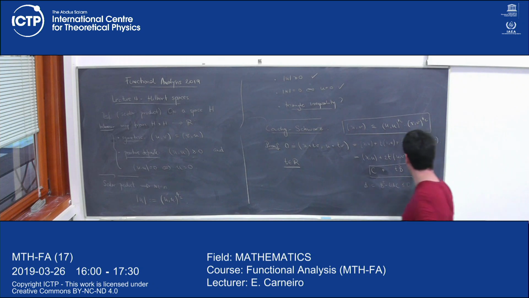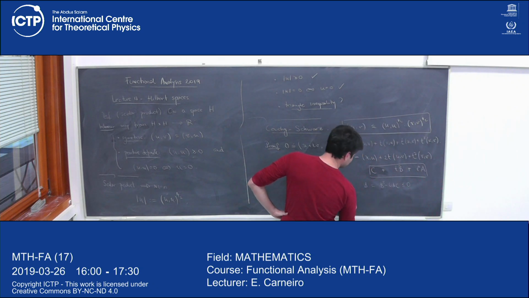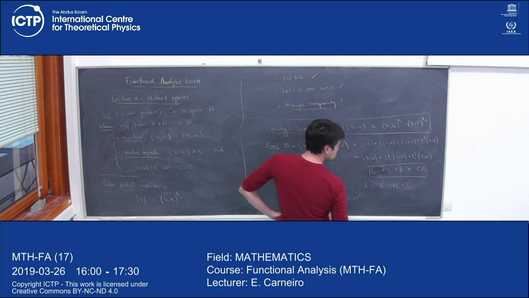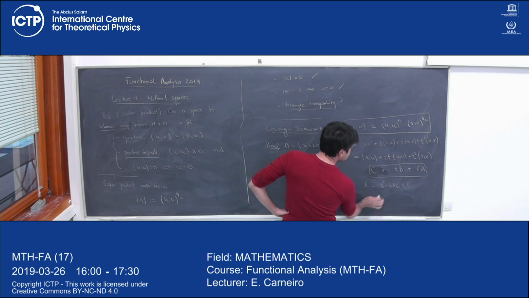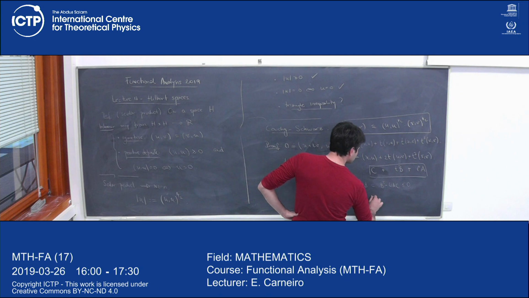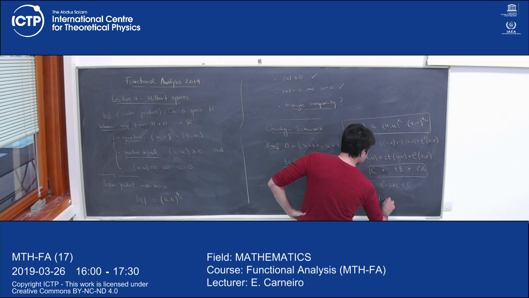If you translate what the coefficients are, b squared is 2uv squared, so it's 4 times uv squared minus 4, and then a, and then c. Well, this is actually a, and this is c. Less than or equal than 0.